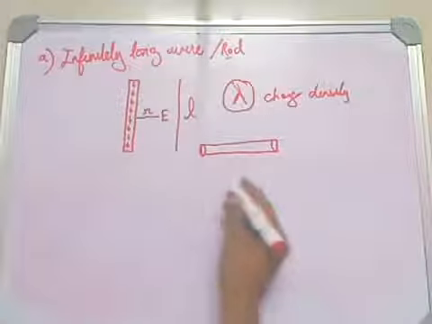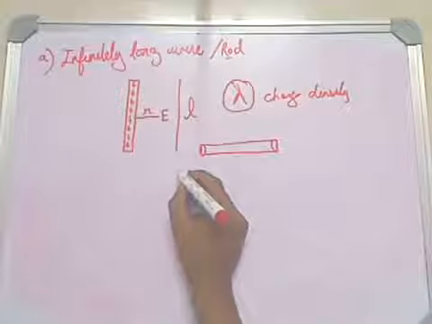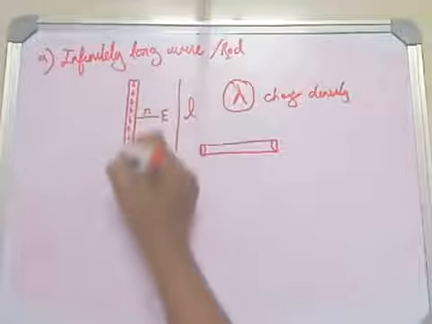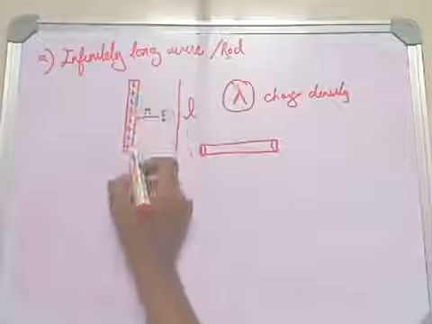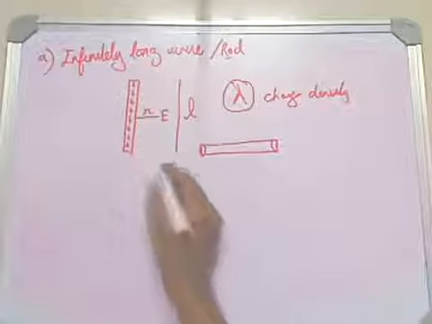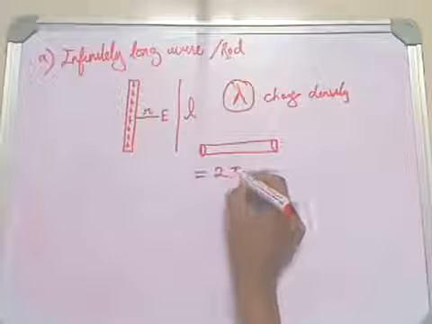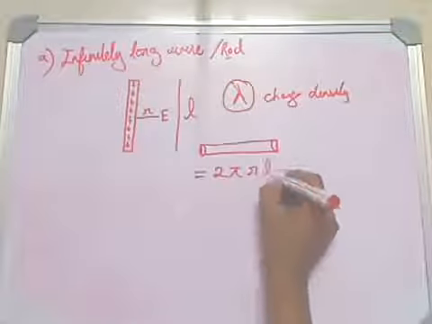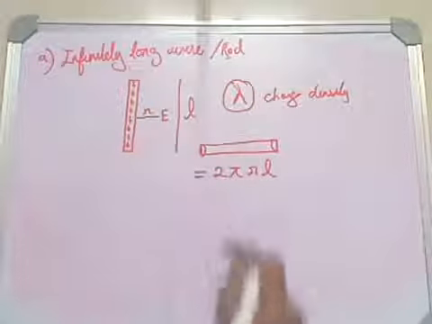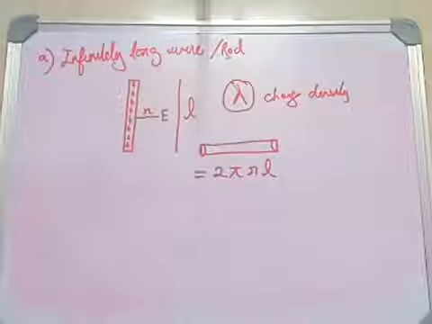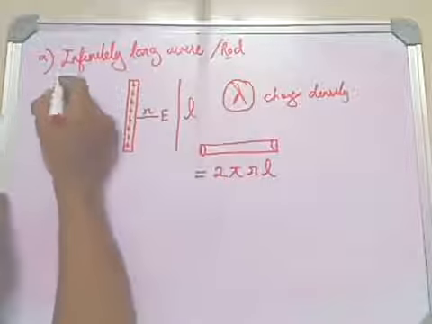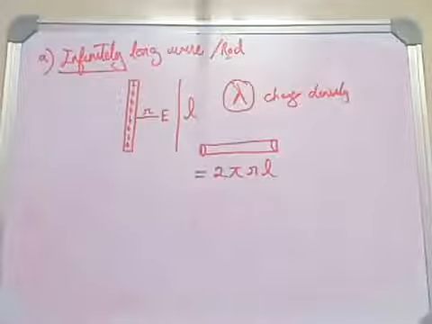Now, the flux through the Gaussian surface is equal to the flux through the cylindrical part. This is the cylindrical part that you have here. Now, the area of the cylindrical part is actually equal to 2 pi r L. However, this doesn't really make sense. One of the reasons I say it doesn't really make sense is because if you go back to this, it says infinitely long.